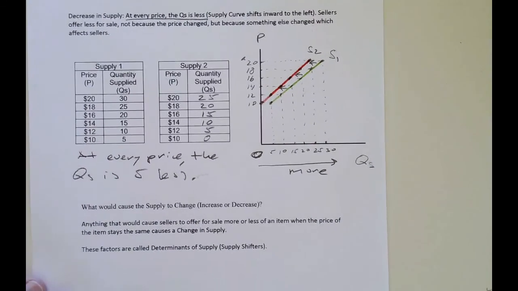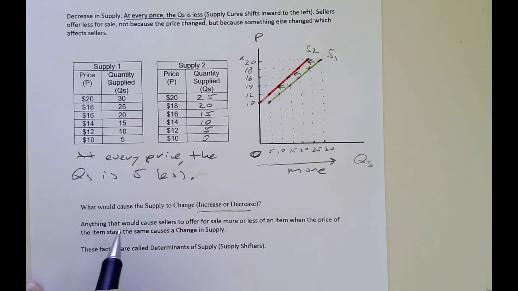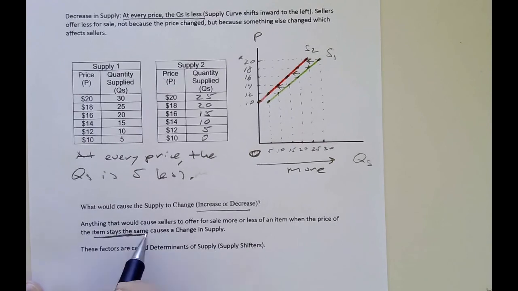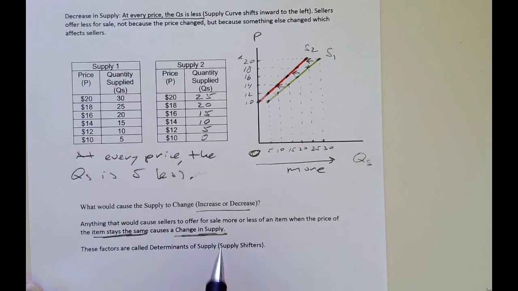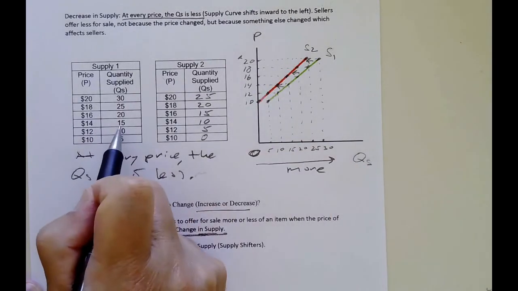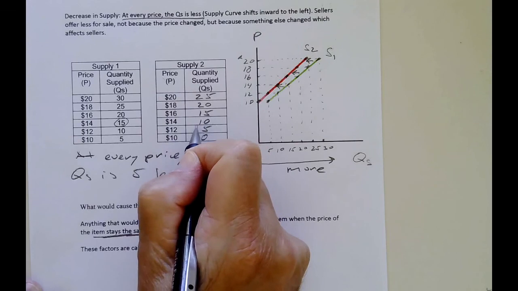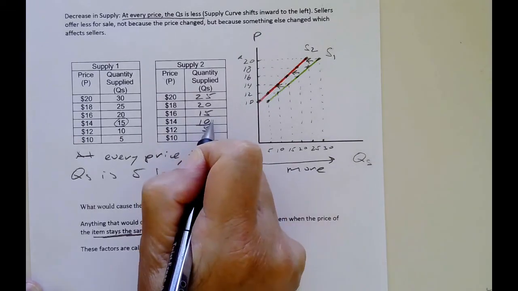So what would cause the supply to change, increase or decrease? Anything that would cause sellers to offer for sale more or less of an item when the price of the item stays the same causes a change in supply. So it wasn't the price that did that. For example, say $14, we were producing 15 with supply 1. Now we're going to be producing and selling, offering for sale 10. So the price didn't change.